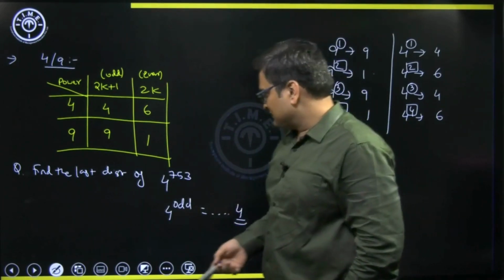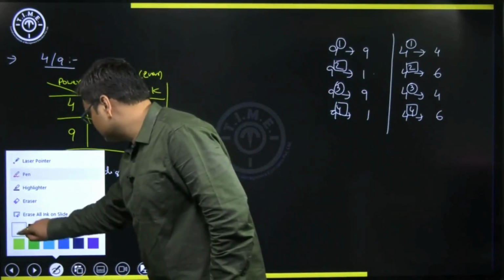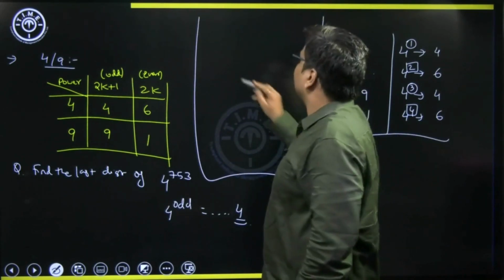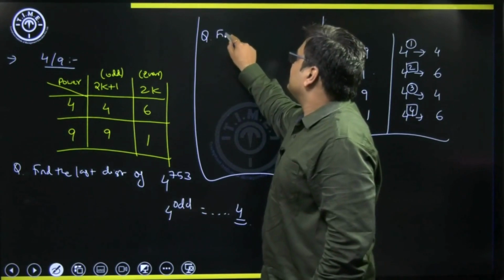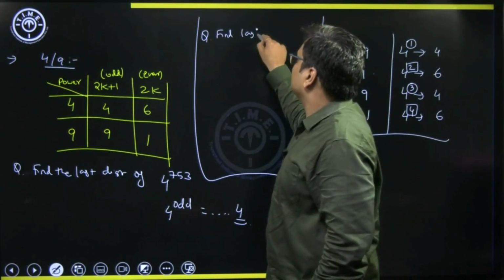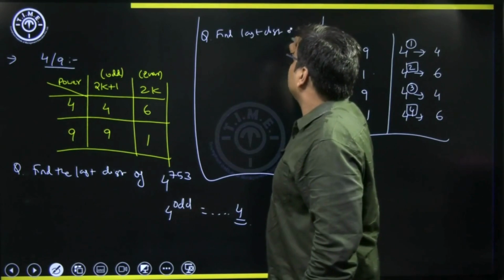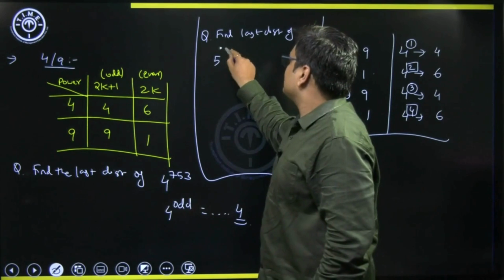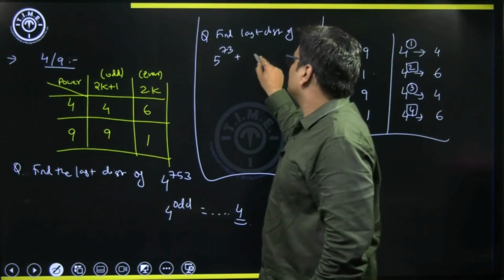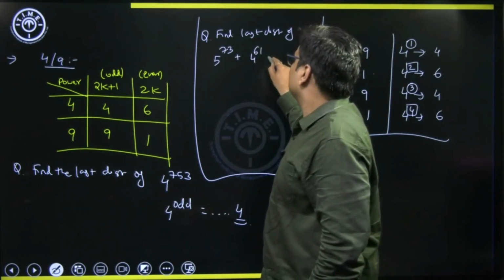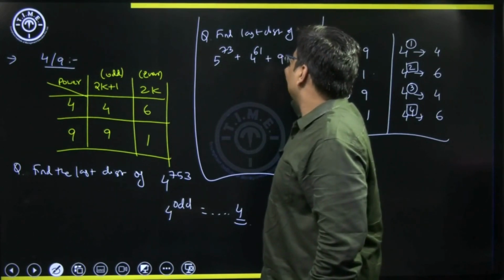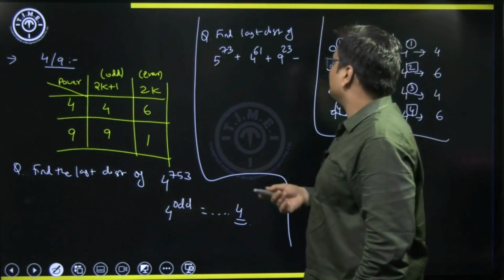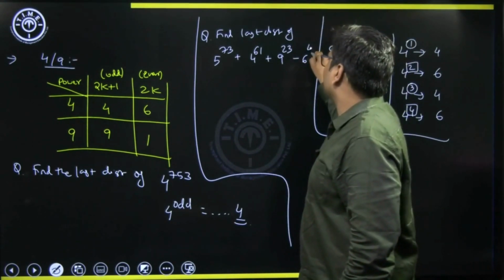Now some more questions. Say the question is: find the last digit of 5 to the power 73 plus 4 to the power 61 plus 9 to the power 23, minus 6 to the power 41.